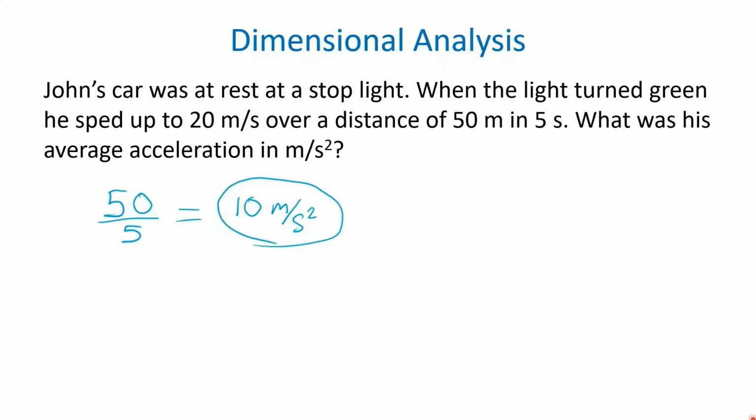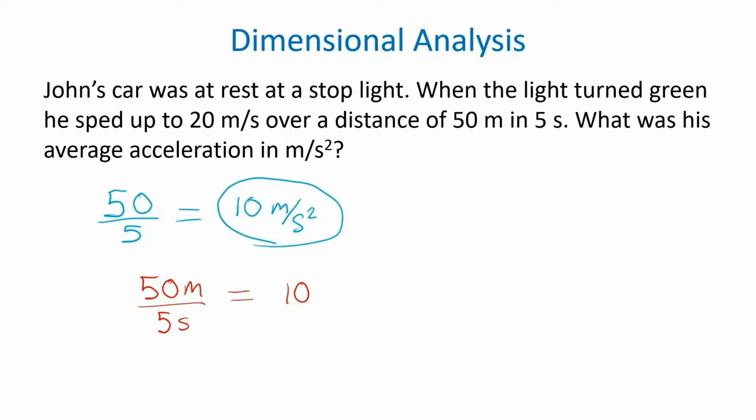Okay, the way the student should have known is by dimensional analysis or tracking units. So let's look at the values that were used, 50 and 5. Okay, the 50 was actually a meter, and the 5 was a second. So when you do the math, you shouldn't leave out the units.